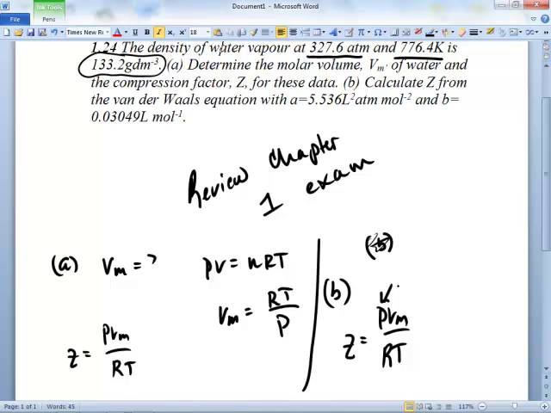Number 24. Yeah, because the van der Waals equation of state gives you the van der Waals pressure, right?